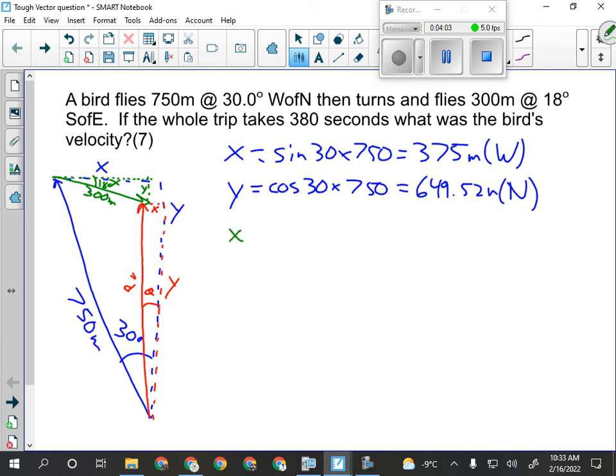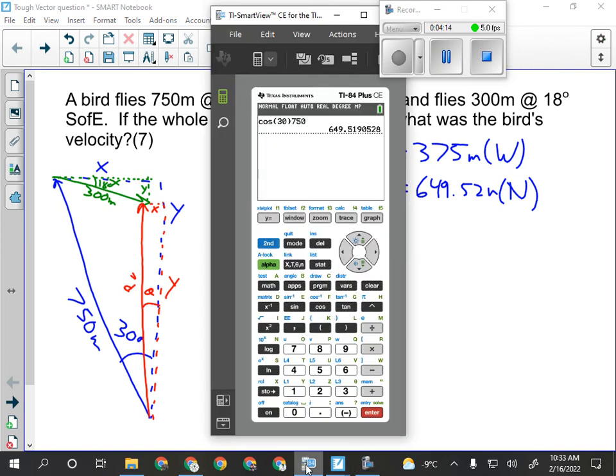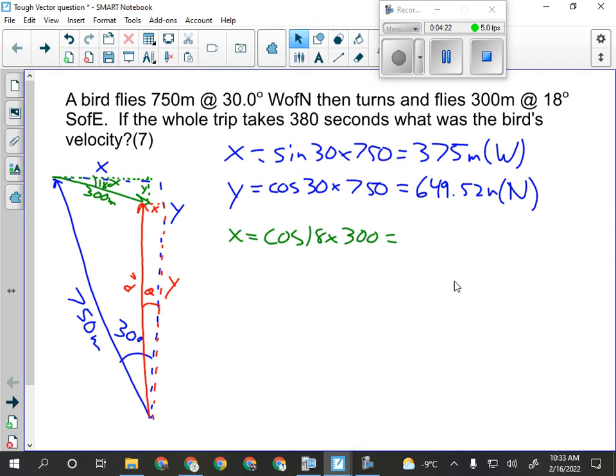And then I can move on to my green triangle, which is much, much smaller. Okay. Green x is adjacent in this one to my 18-degree angle, so it'll be the cos of 18 times 300 meters. So 285.32 meters east.